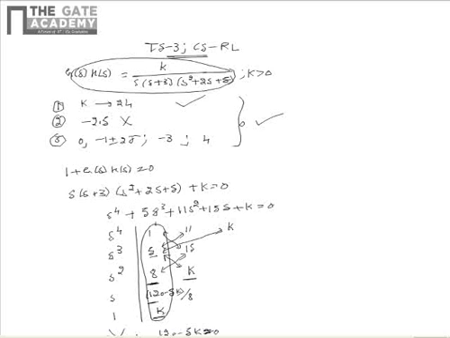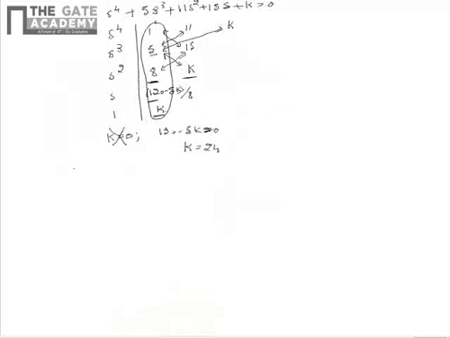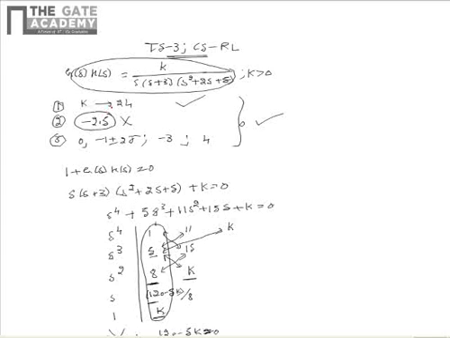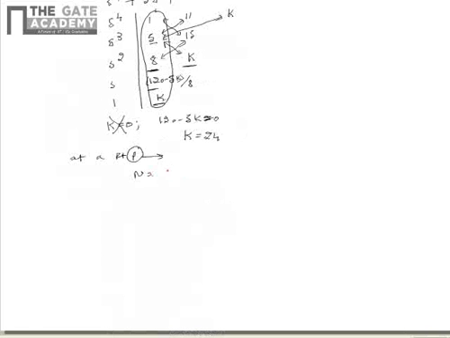And also we know that the root locus lies on the real axis at a point P if the number of open loop poles and zeros to the right of that point P is odd. So now we have to find if the root locus lies at minus 2.5, and from the given data we can see that the number of poles and zeros to the right of minus 2.5 is 1 plus 2.